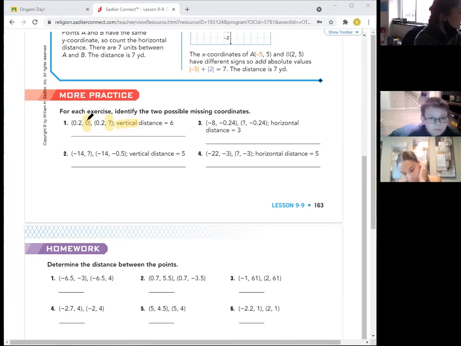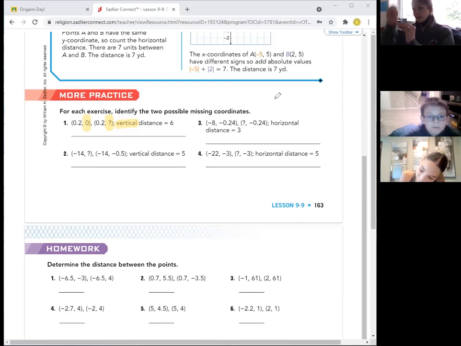If I want this to change by 6 units, what could this new number be in that position there? What could that second number be? There's 2 options. What's one of them, Finn? It could be +6. What's the other option that it could still be 6 units away? Lucy, what do you think? -6.